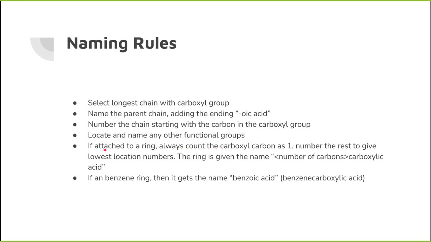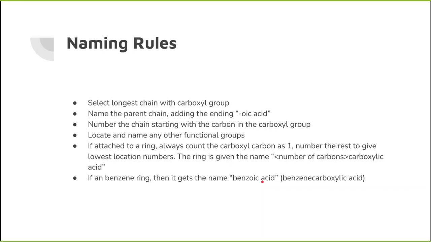If it's attached to a ring, always count the carboxyl carbon as number 1 and number the rest to give the lowest location numbers. The ring is given the name with your number of carbons, like pentane or butane, carboxylic acid. We'll see some examples of this. If it's a benzene ring, however, then it gets the name benzoic acid.